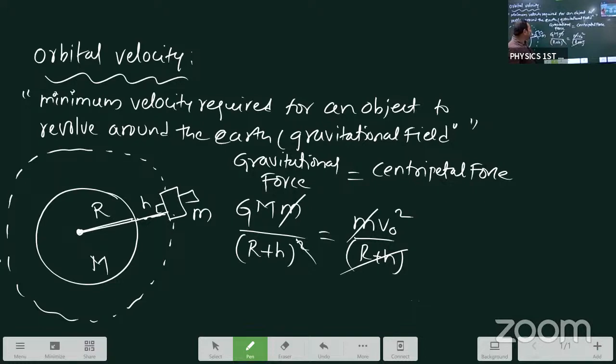Capital G is the gravitational constant, M is the mass of the Earth, R plus h is the distance of the satellite from the center of the Earth. On the right side, VO square, where O stands for orbital velocity. VO square equals GM by R plus h.